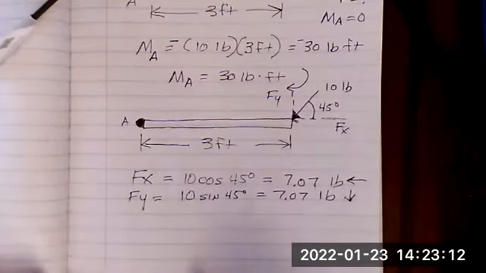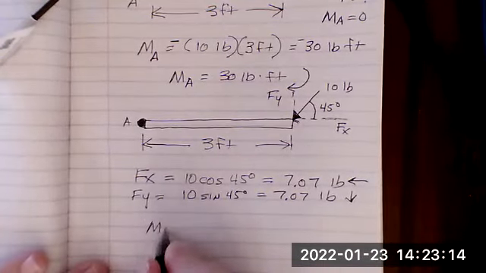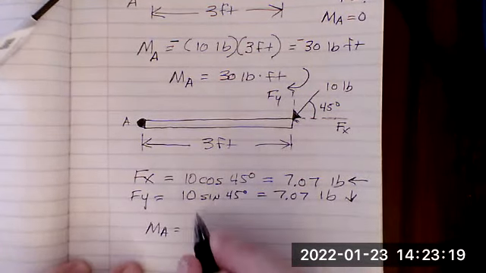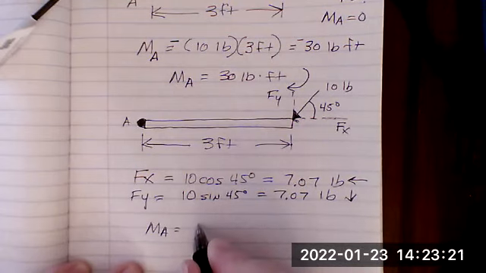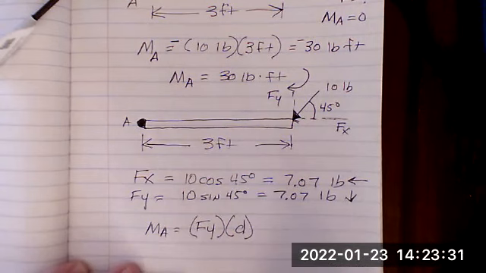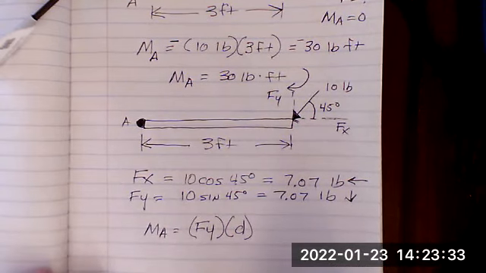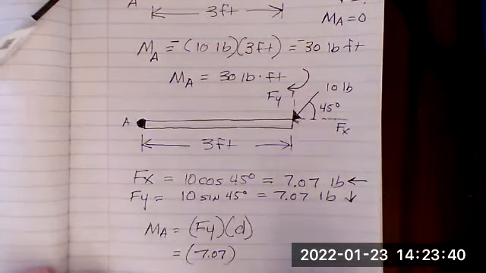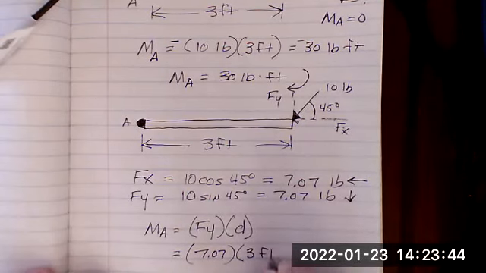So if we're going to calculate the moment about A here now, watch very carefully, it's going to equal F of y times some distance, right? And so we know F of y is 7.07 pounds, times 3 feet.